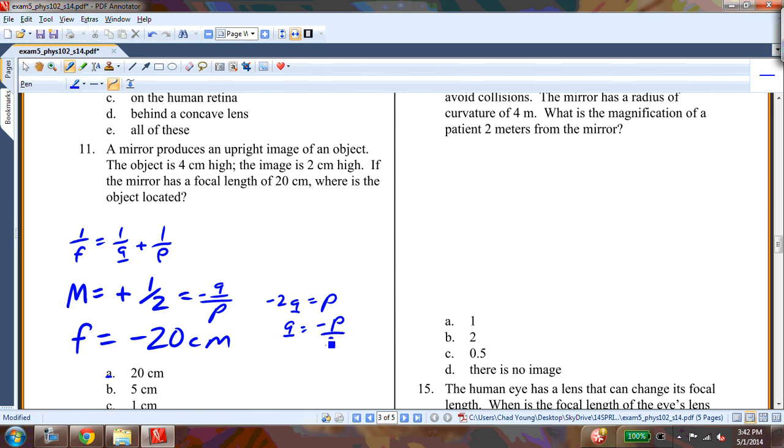So I'm going to put that in up here. I'm going to come up here, and I have 1 over the focal length, which is 1 over 20, equals 1 over negative P divided by 2 plus 1 divided by P. I'm going to simplify these fractions. I'm going to give myself some more space here.